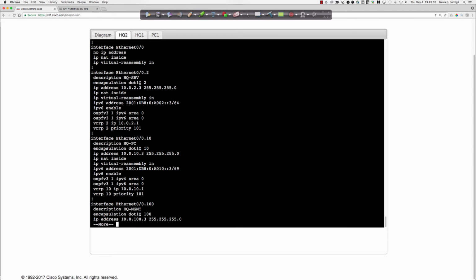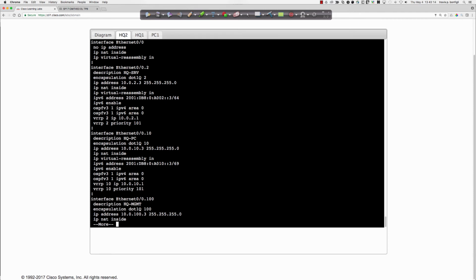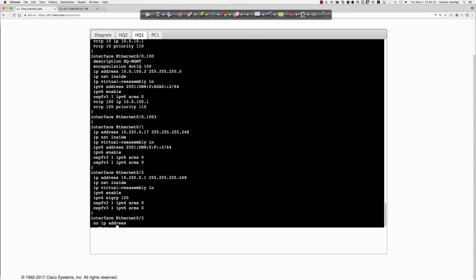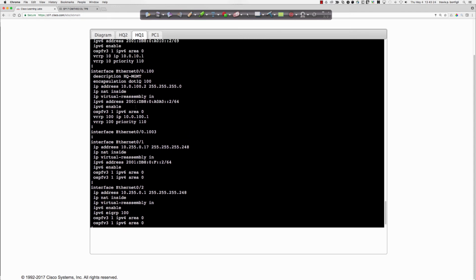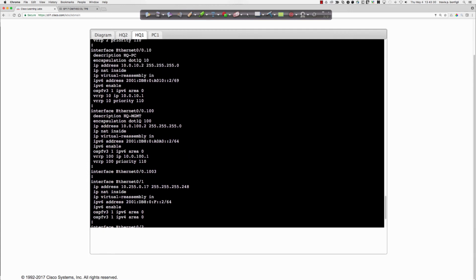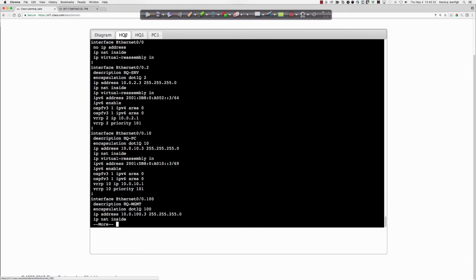And the suspicion is it's something to do with neighbor discovery. What is interesting is, you can see we've got the OSPFv3 1 IPv6 area 0 commands here. We don't have any of that.